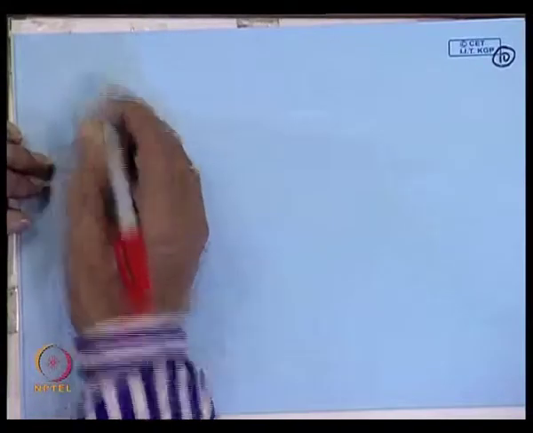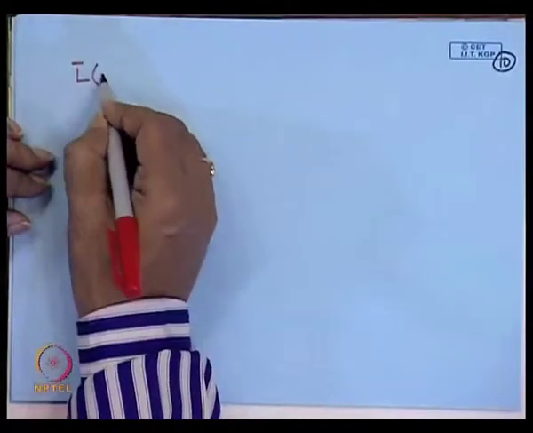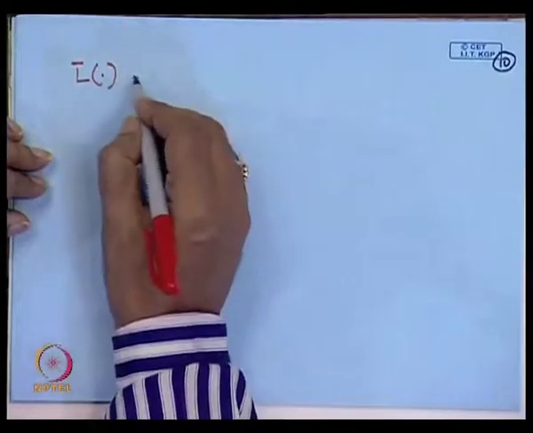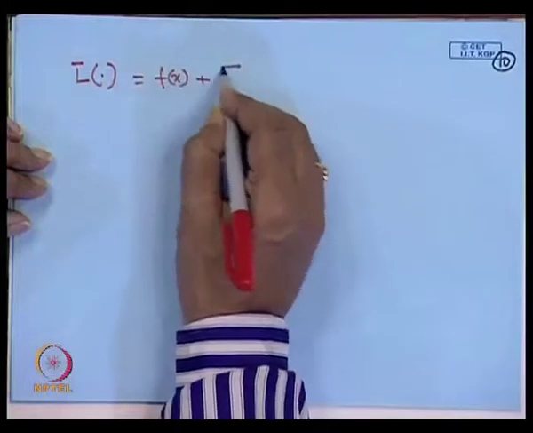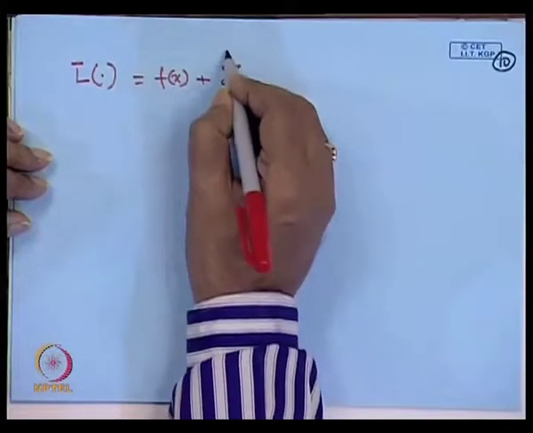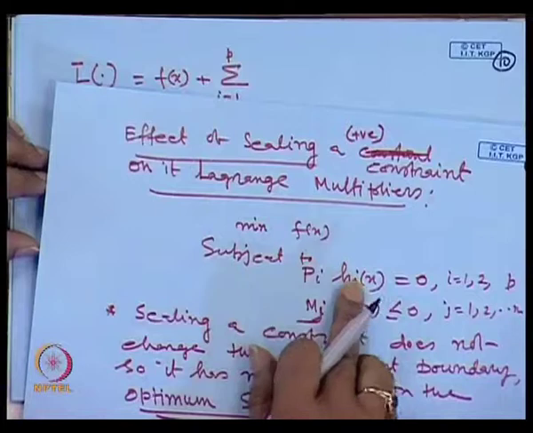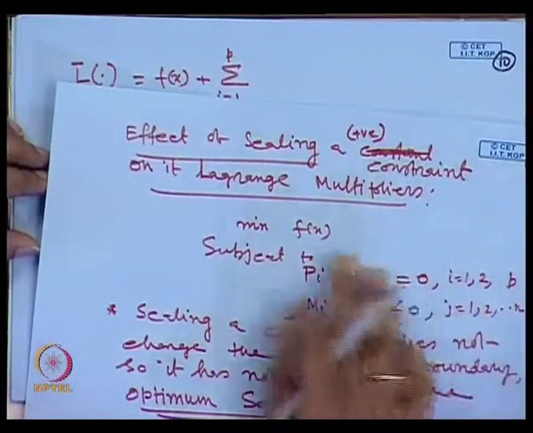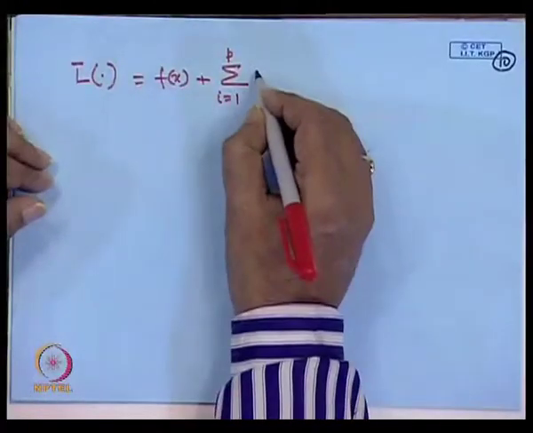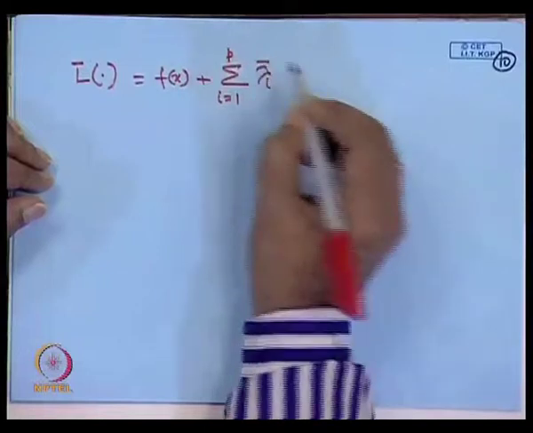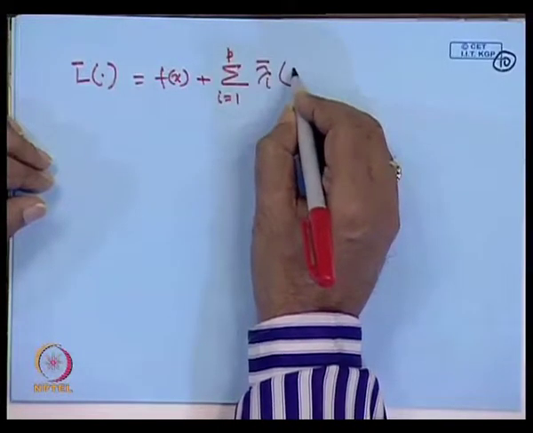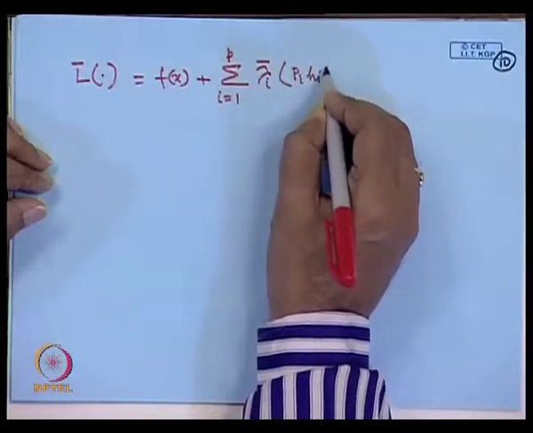So, what is our Lagrangian for the new optimization problem? It is f of x plus summation of i equal to 1 to p, lambda i bar, with our equality constraint P i h i of x.